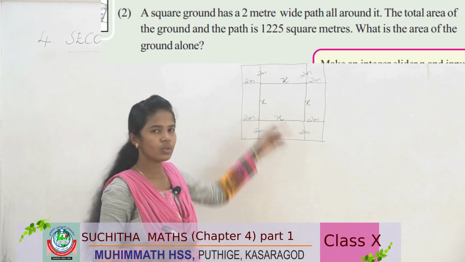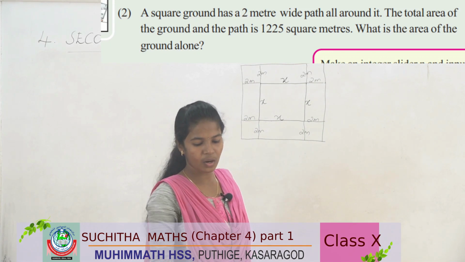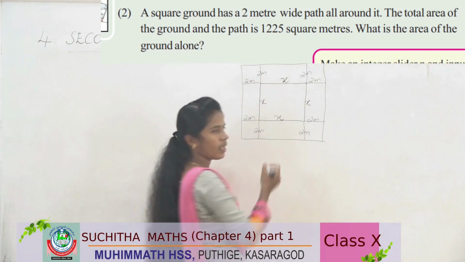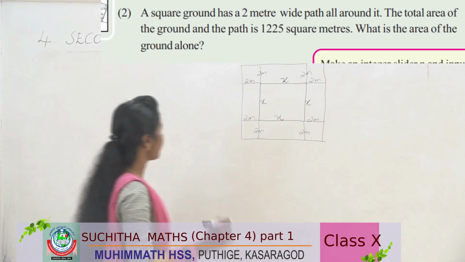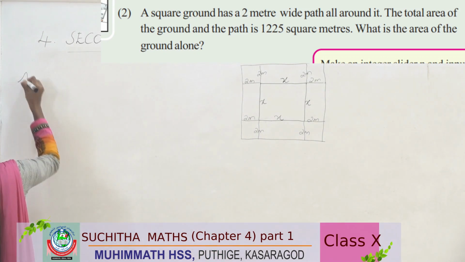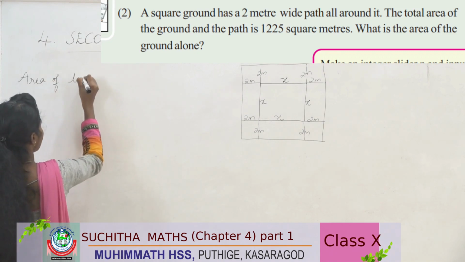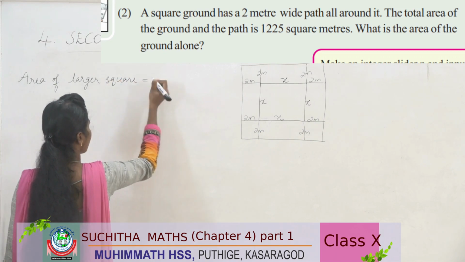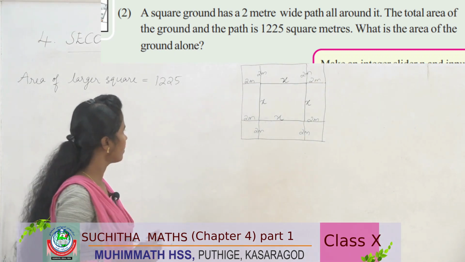Now a new, larger square ground is formed, and the total area of the ground and path, that means this larger square, is 1225.